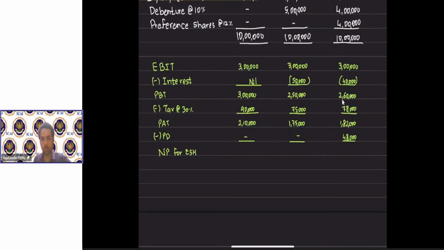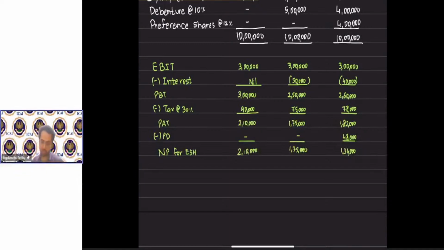And then we have the net profit for equity shareholders. Net profit for equity shareholders is 2,10,000, 1,75,000, and this will be 1,34,000. Now, can you tell me, by looking at the net profit for equity shareholders, which plan is a better choice for raising of funds?